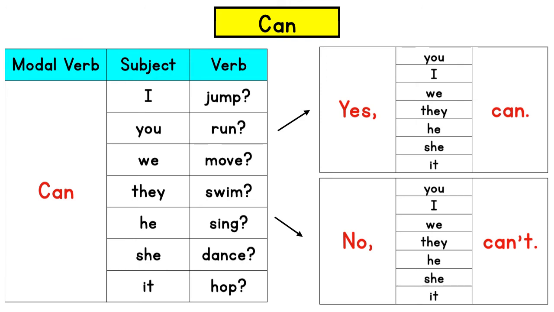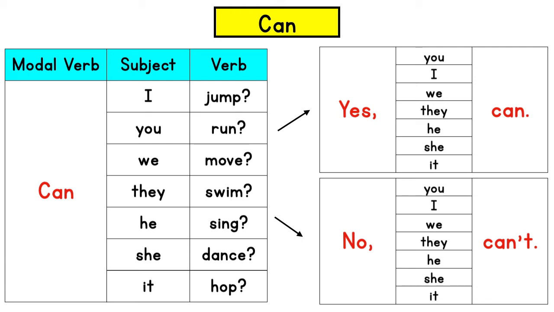So if the answer is yes, we have to say yes, you can. So when I ask a question like can I jump, kalau saya tanya orang, bolehkah saya lompat? Saya takut. Okay, the answer would be yes, you can. Okay, orang yang jawab akan jawab yes, kamu boleh, kamu boleh.